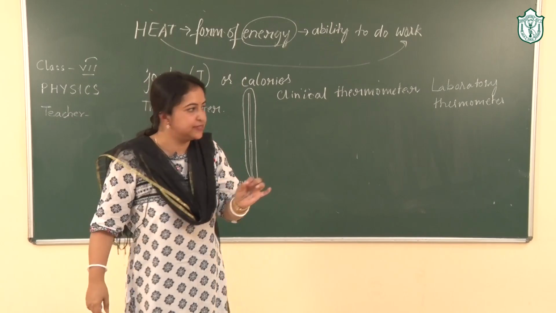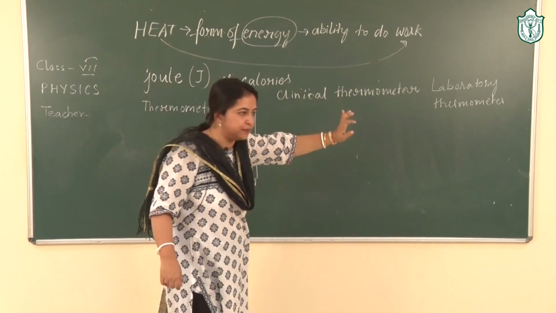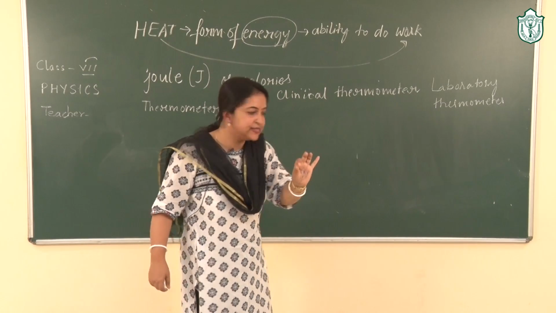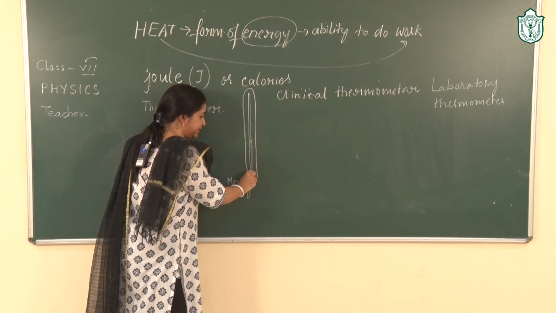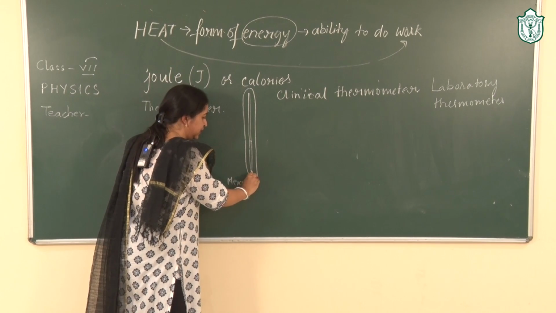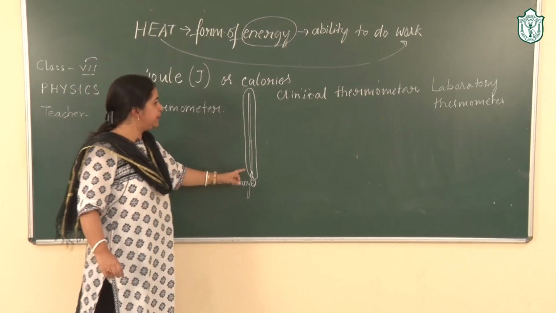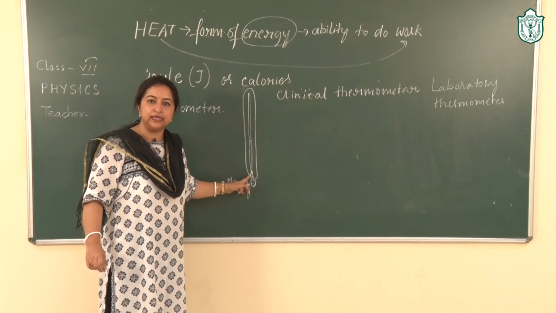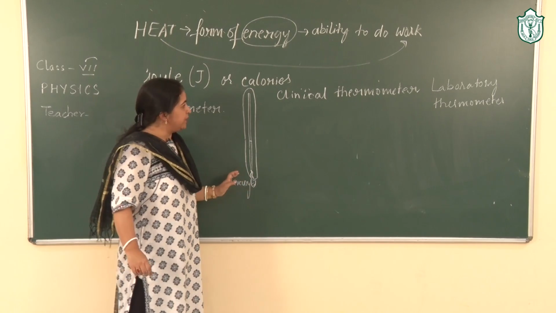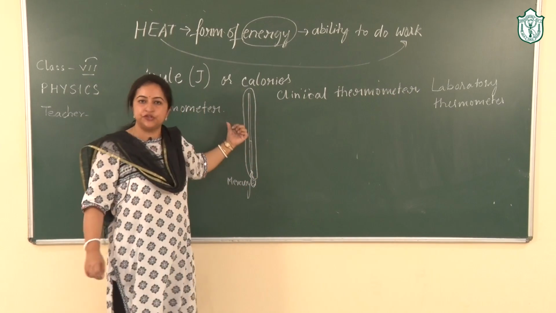The basic difference between a clinical thermometer and a laboratory thermometer construction-wise is the presence of a kink out here. In case of a clinical thermometer, the capillary tube consists of a kink, whereas in a laboratory thermometer, the capillary tube is straight.